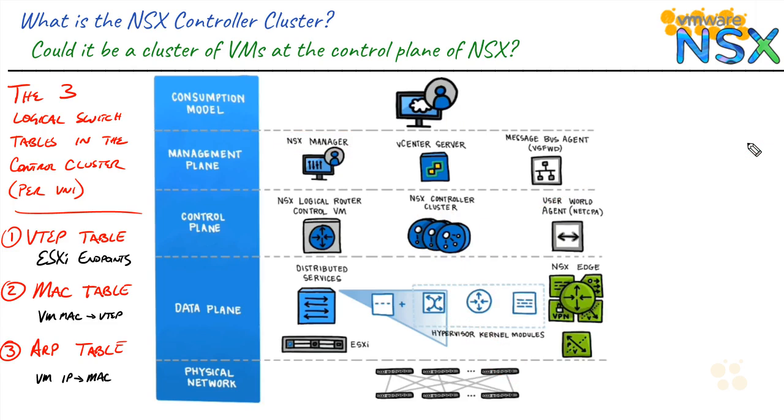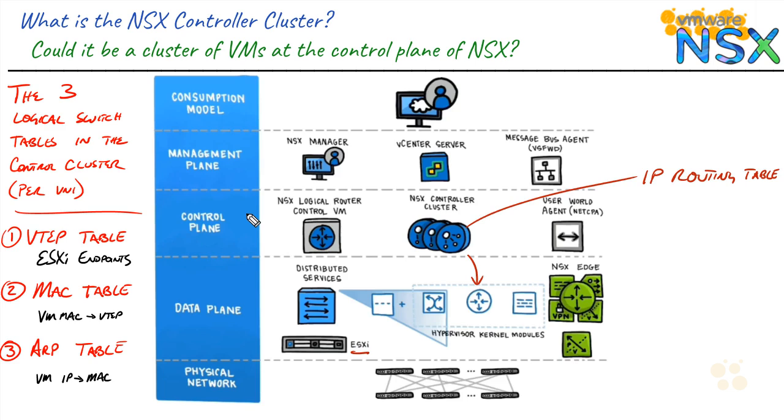That's a lot of decoupling of information from the data plane to allow for central processing here at the control plane. Now the control cluster is also responsible for handling distributed routers, just like logical distributed switches. So every ESXi host that's a part of the cluster where a distributed router has been deployed is going to be able to forward packets. However, the IP routing table is not stored on each ESXi host. It's there on a specific node in that controller cluster.